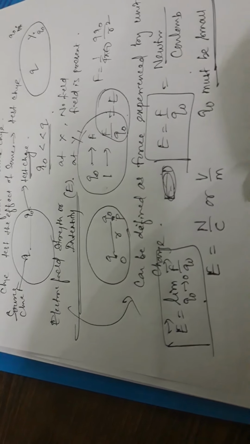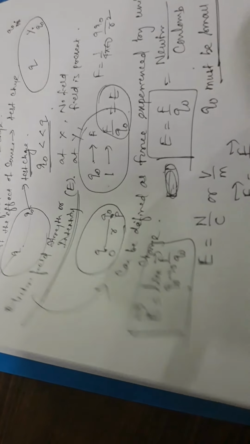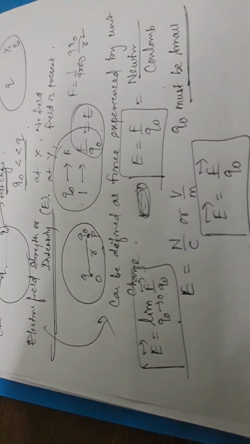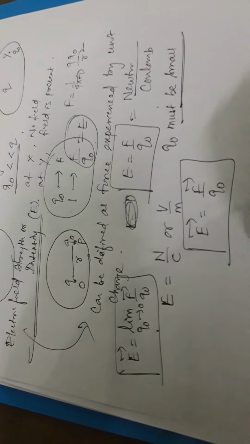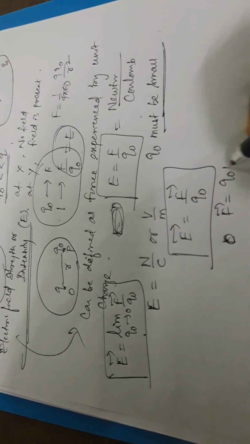Okay. So in vector form you can write, electric field is also a vector, force is a vector. So electric field vector is equal to force vector by your test charge. And here you see the force vector F is equal to Q0 E vector.